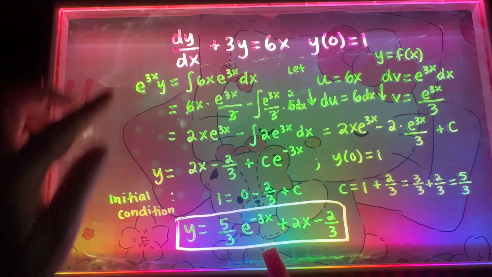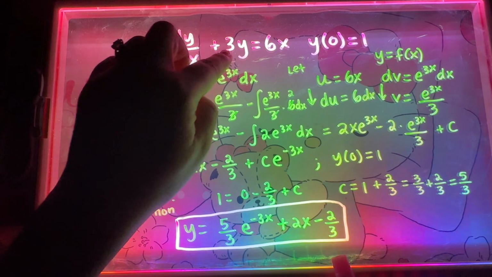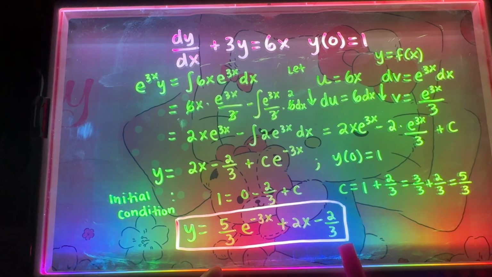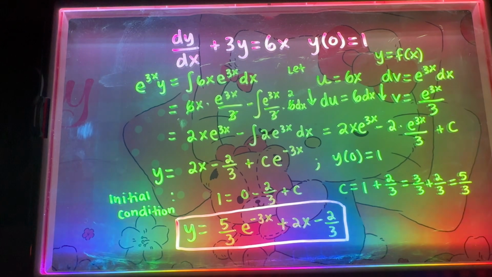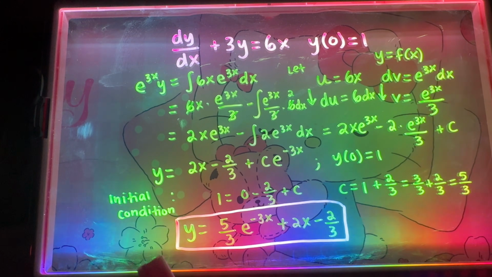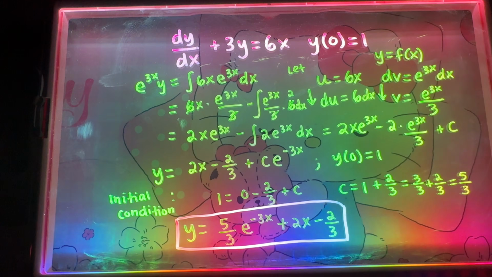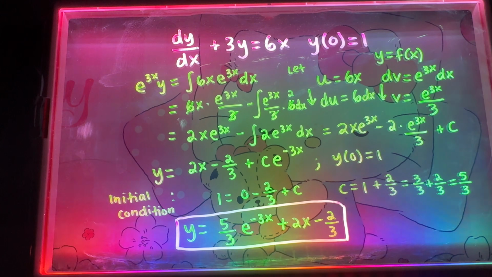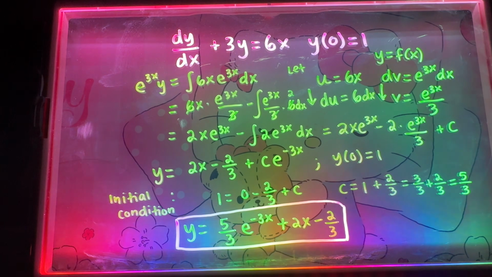So theoretically, the derivative of this thing plus 3 times this thing should clean up to equal 6x. So dare we check that? Yes, I think so. I think it will be satisfying to do, and if it doesn't work out, then you won't be watching this video right now.